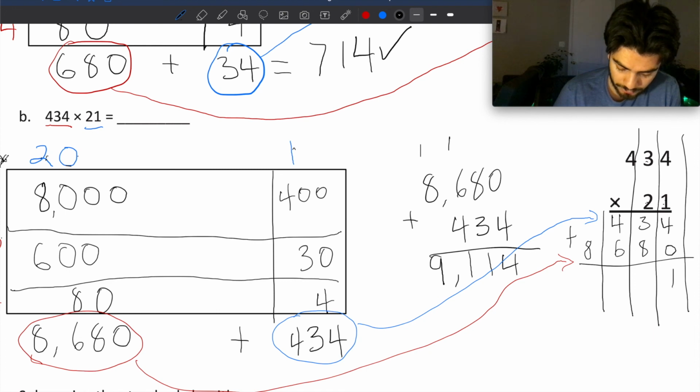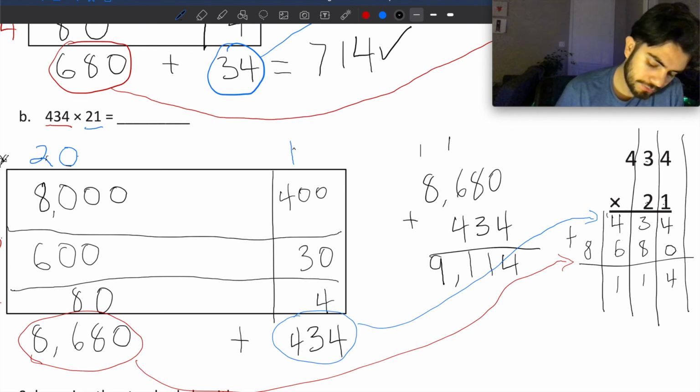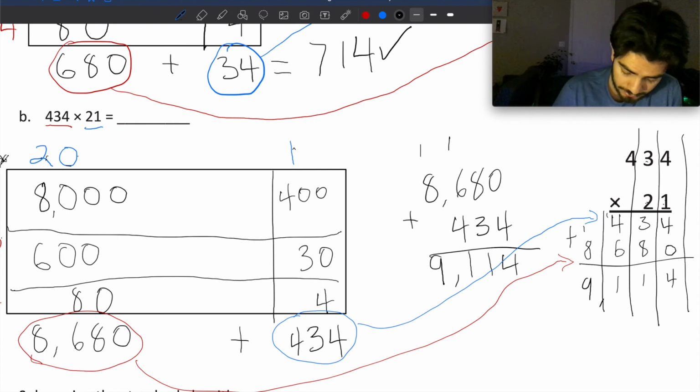Our grand total. 4 plus 0, 4. 3 plus 8, 11. Carry the 1. You get 11 there. Carry the 1. Then, for your final answer, you get 9,114.